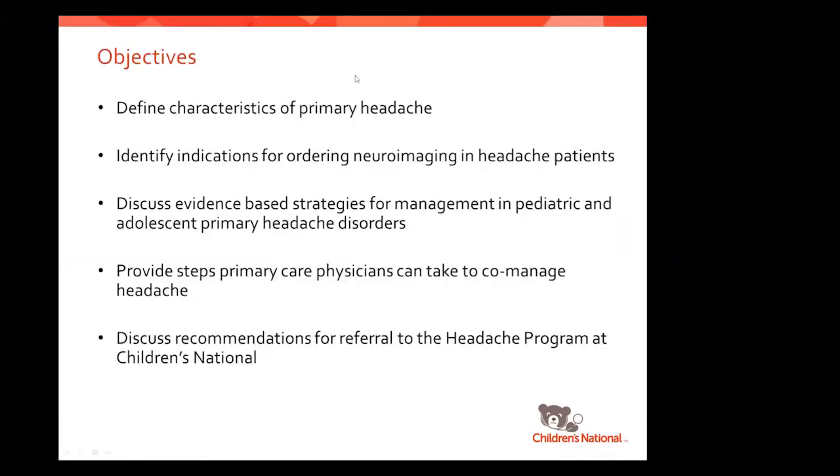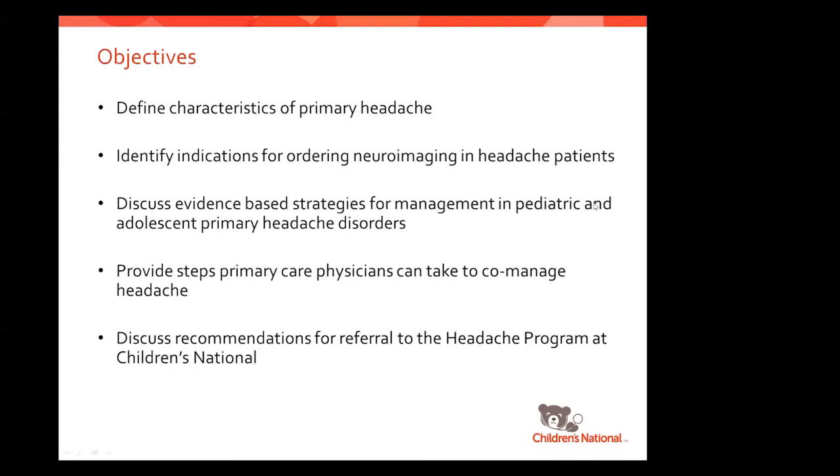So the objectives of the talk today are first to spend a good amount of time defining the characteristics of the primary headache disorders. And this is really at the core of the entire way to co-manage this, because without the correct diagnosis, we really can't move forward to how to manage these patients. After we discuss what the different primary headache disorders look like and sound like, we'll talk about the indications for ordering neuroimaging, which is the question that comes up with families, I think, most often.